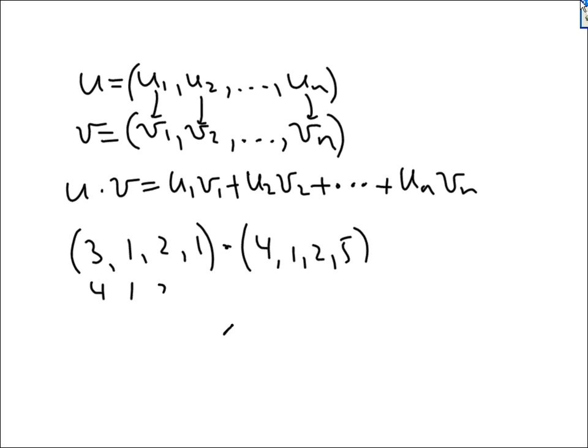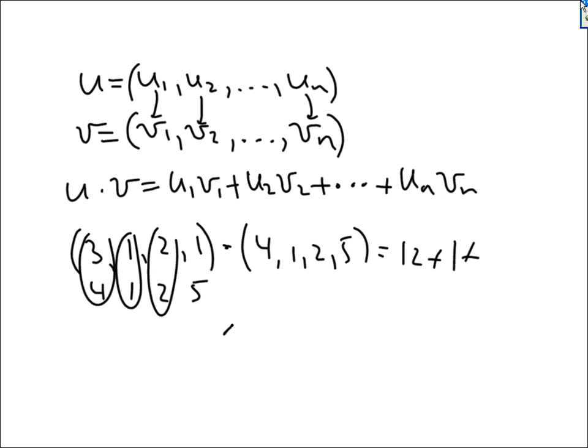Just put the 4, 1, 2, 5 underneath, and then go 12 plus 1 plus 4 plus 5. I don't know, looks like 22 to me, and then erase this, and the teacher will not know that you did anything tricky.